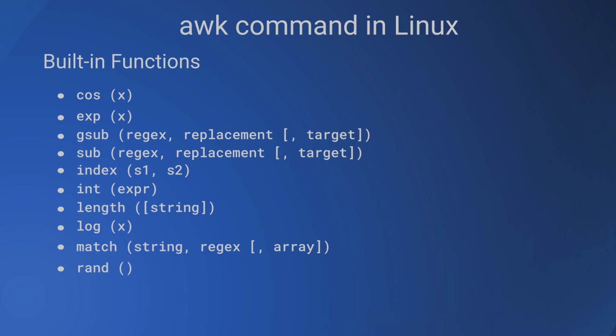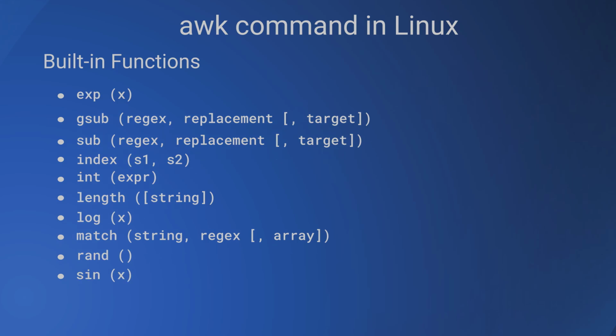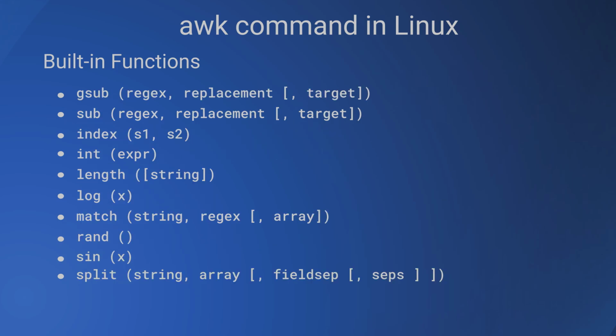Next, rand() returns a random number between 0 and 1. sin(x) is sin of x in radians. Next is split(string, array, optional field separator, optional seps). We have seen split in earlier examples and it is very useful. split divides the string into pieces separated by field sep.